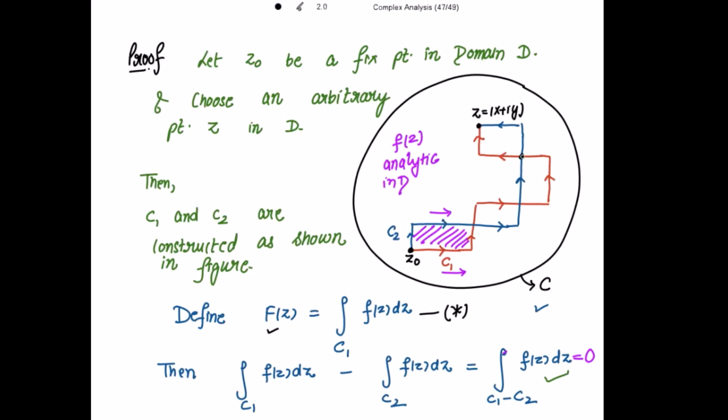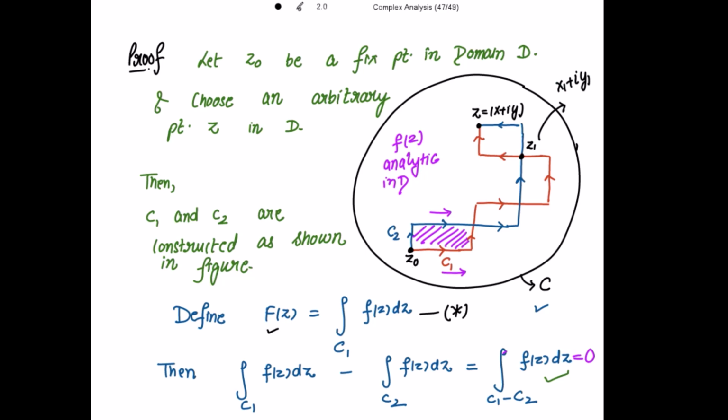Let me mark this point as Z1. That is the last point of intersection of C1 and C2 between Z0 and Z. That is x1 plus iota y1. Right? Okay.